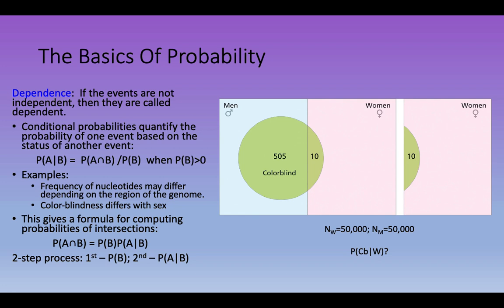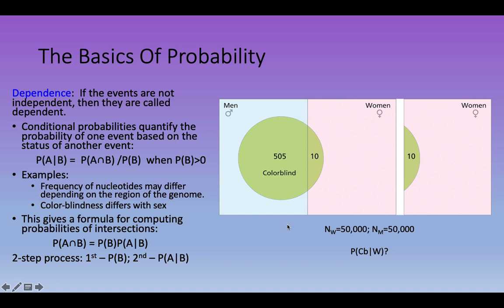I know there are, say, 50,000 men and 50,000 women in this, so I just look and see, okay, 10 divided by 50,000 is going to give me this conditional probability pretty easily.